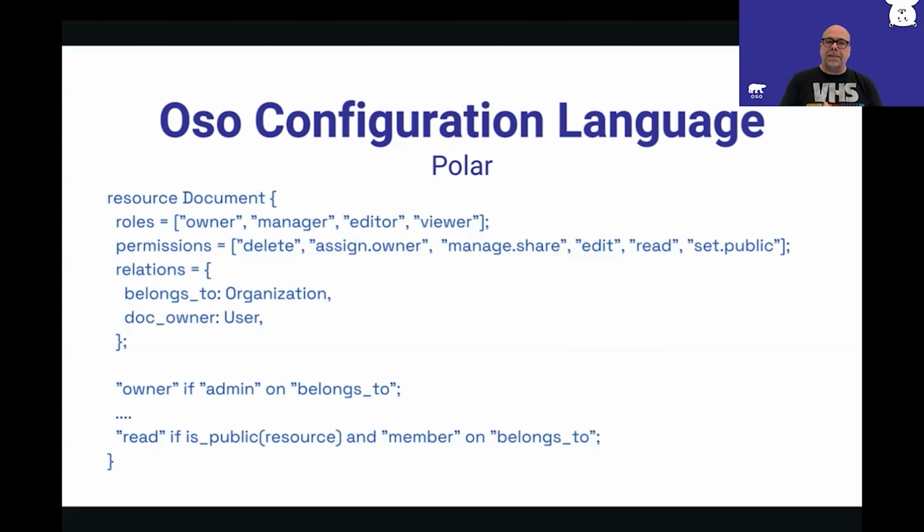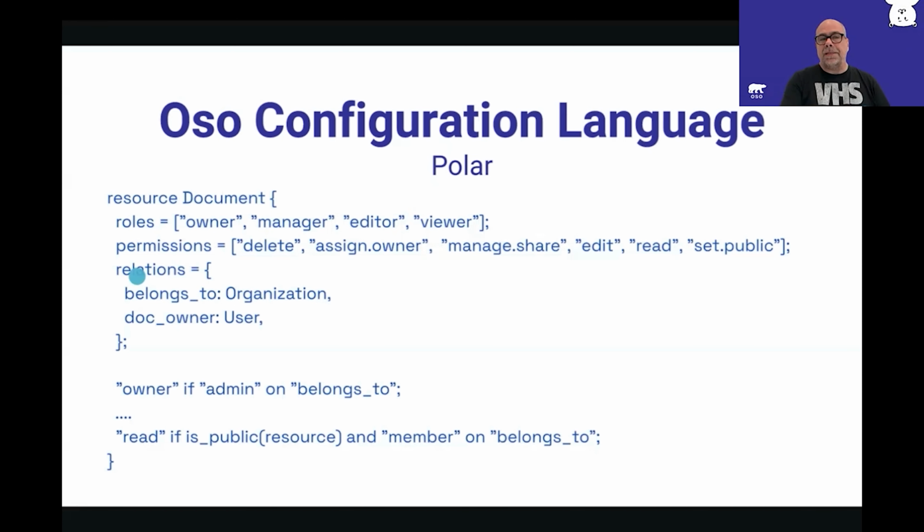So here is an example of a resource. Resources are ways that we group the objects that we're looking to protect in Polar. That allows us to create groupings such as roles, permissions, as well as relationships.